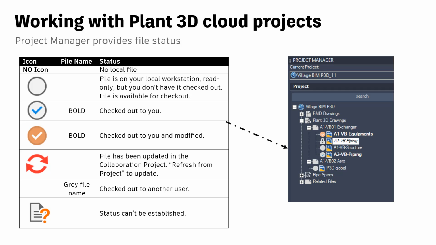As you can see, we have a legend here. Anytime you will know if the file is either reserved, checked out by any other members of your team, or if it's available for you to work on, of course.